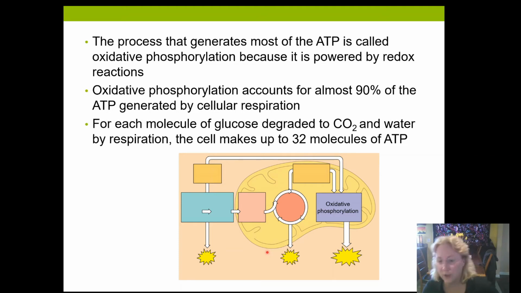Now, if you look at an older source or a source that's a little bit out of date, you might see a number of 38 molecules of ATP per every glucose molecule. And that 38 ATP per glucose, they got that just by counting all the electrons that are generated in these ATPs and then figuring out exactly how many hydrogen ions were going to flow across the membrane. So that's kind of the theoretical maximum.